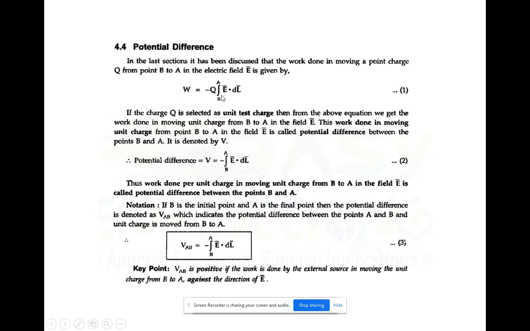Because here we are going to consider Q as a unit test charge, Q is taken as 1. So the remaining thing is minus integral of B to A E vector dot dl vector. That is your potential difference. If Q is taken as the unit charge, that is value 1, that is the potential difference.